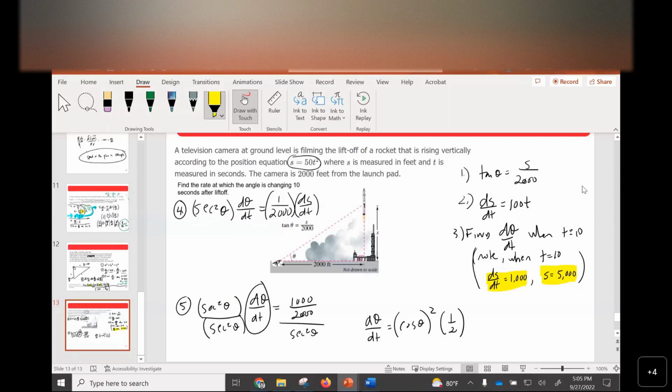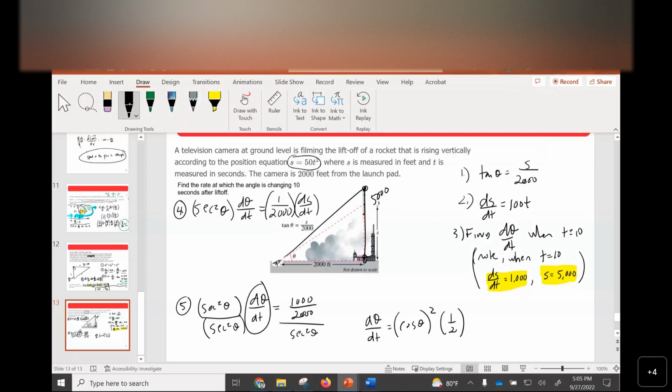However, I think I'm going to need this s equals 5,000 because when I draw this triangle at this moment in time, this distance is 5,000 feet. Right? So that means the tangent would be 5/2. So arctangent gives me my angle.